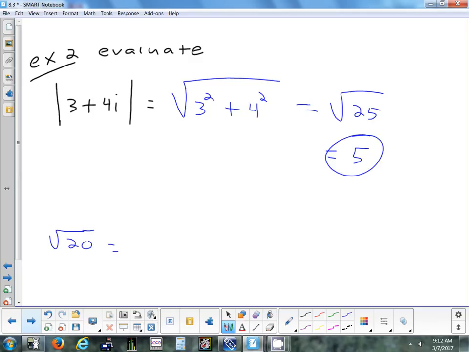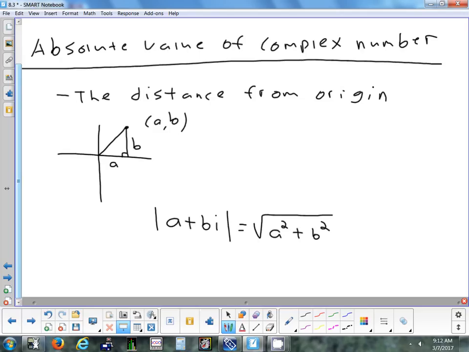Square root of 4 times square root of 5. Yep. And what's the square root of 4? 2. So if you get a root you can reduce, make sure you always reduce it like that. Square root of a squared plus b squared. The formula again? Yep.